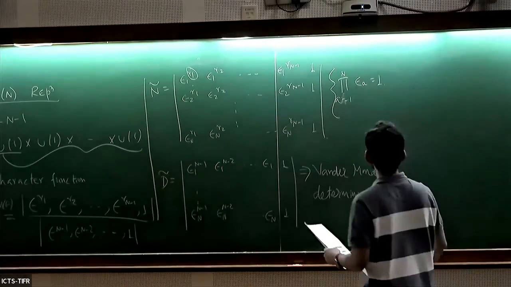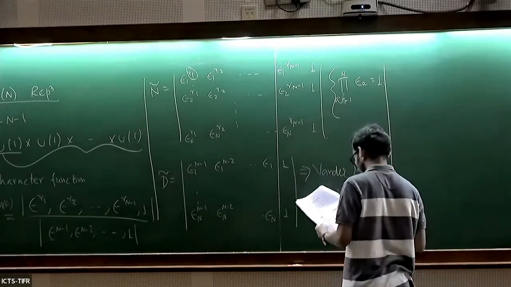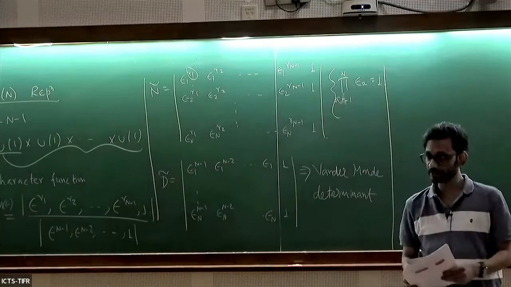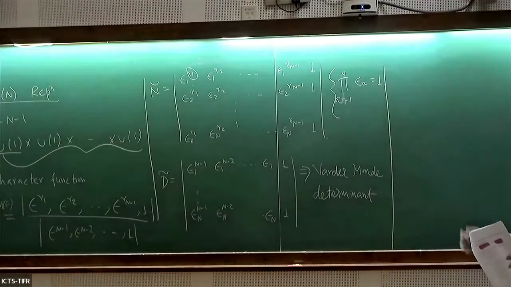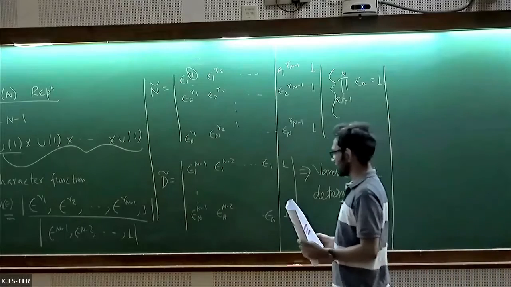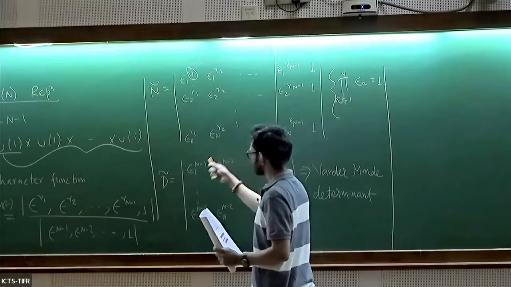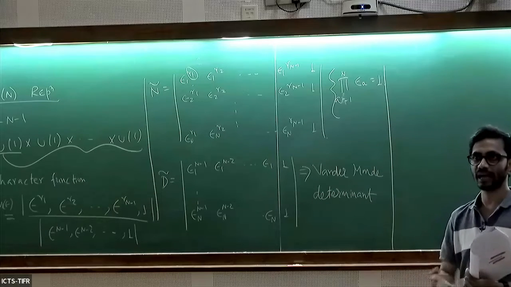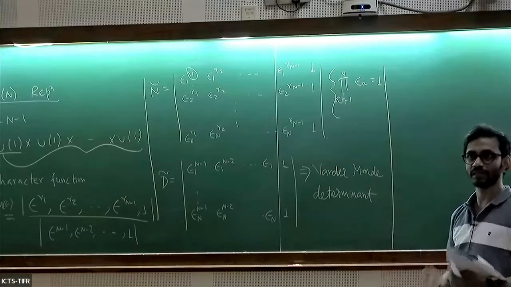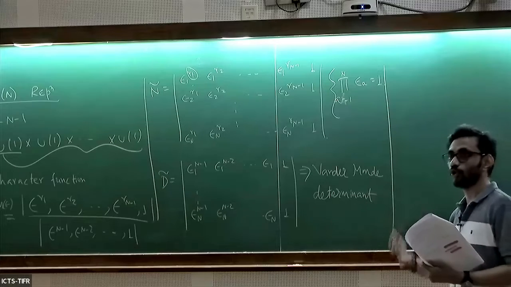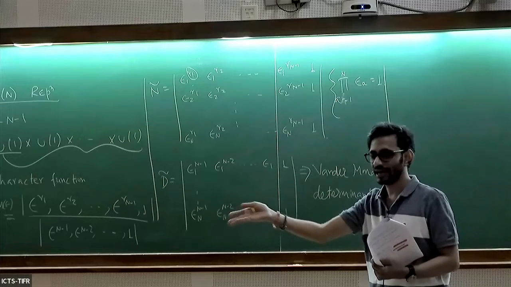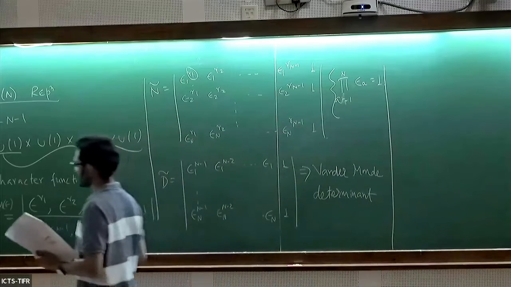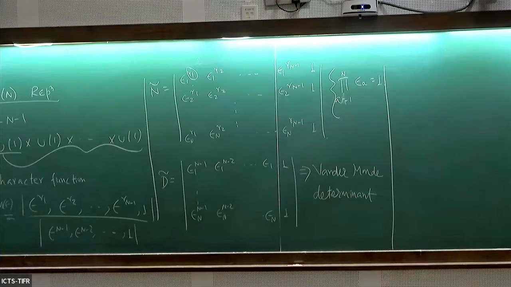So now at this point we'll take a pause. As he has pointed out correctly, I am supposed to work in a basis where my torus coordinates are n minus 1, but I am working with n. That means I need to go to that basis, right? And what is that basis? The basis is basically the unimodular variables z.